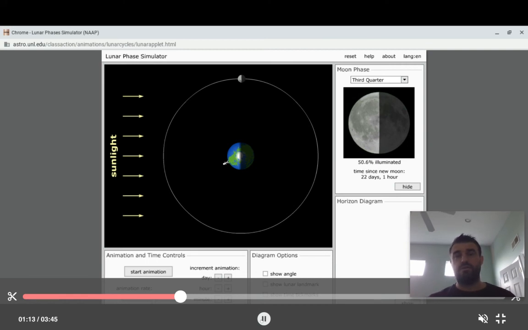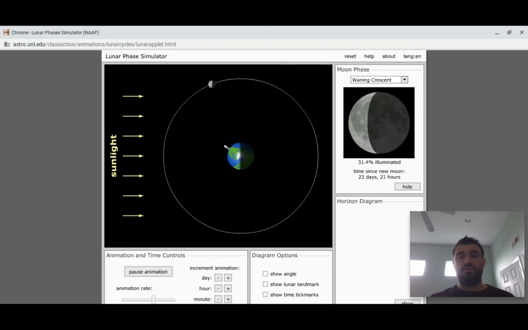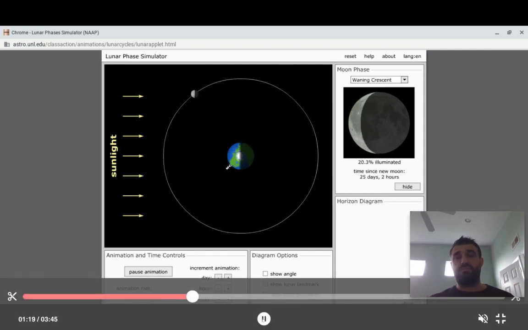Okay. Now, here's the last phase before it's reborn. So this is the crescent again, right? It looks like a croissant, but now the crescent is on the left side. So instead of calling it a waxing crescent like we had earlier, we call this the waning crescent.